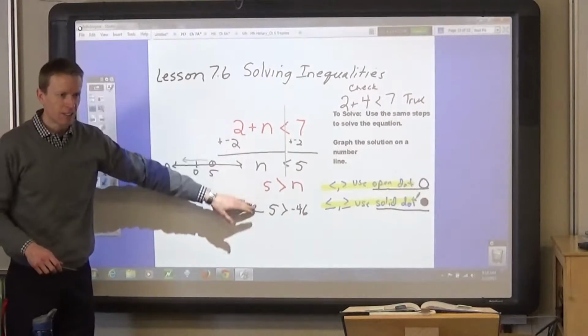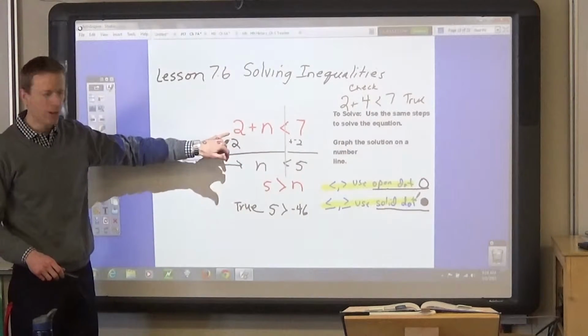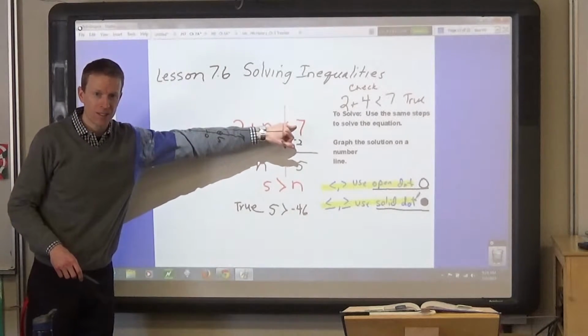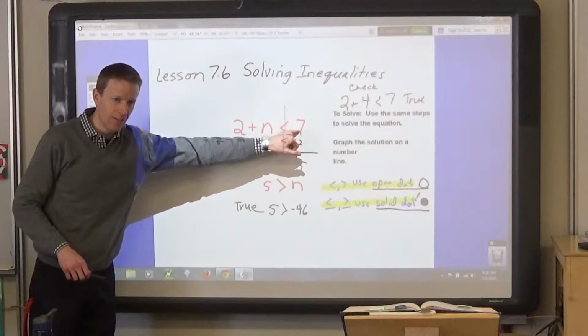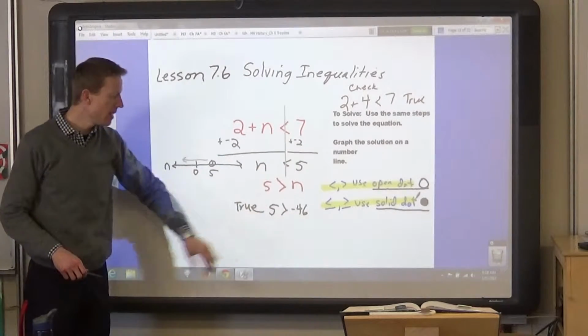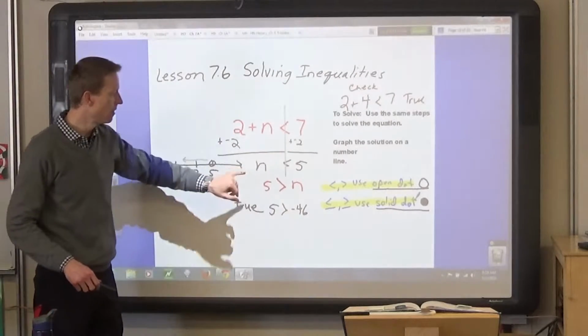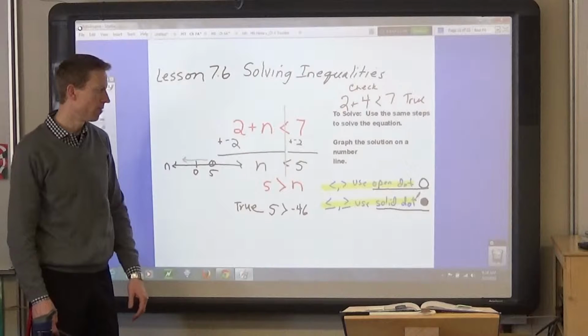So, let's look at this example. We solve this inequality the same way that we've solved the other equations. 2 plus n is less than 7. You would treat this just like 2 plus n is equal to 7 until we get to the end. So, add negative 2 to both sides to get n by itself, and n is less than 5, right?